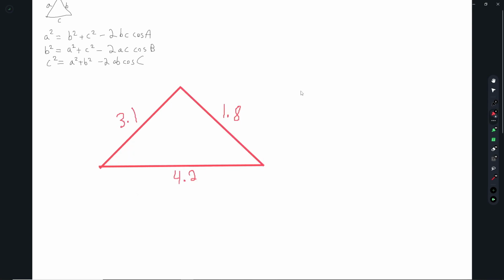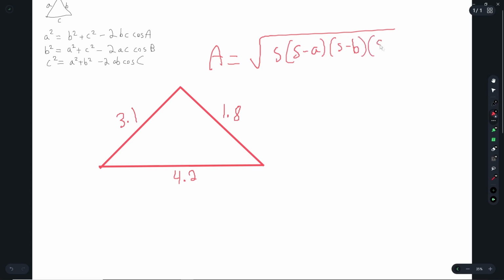Okay, let's solve one last triangle, but this time we'll solve the triangle and find the area of the triangle. So let's find the area first. So in the sine law video, we talked about the area of the triangle when we have three sides given, which was A is equal to radical S times S minus A times S minus B times S minus C. So S is the half perimeter.